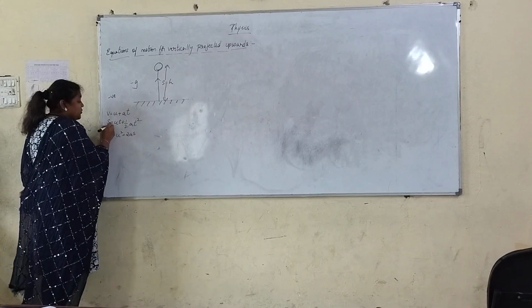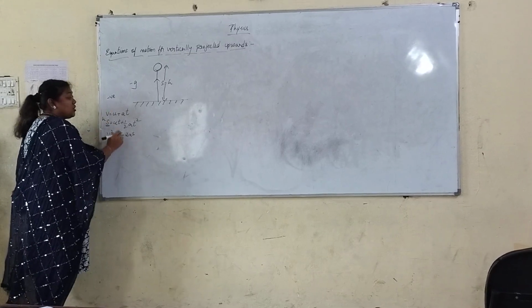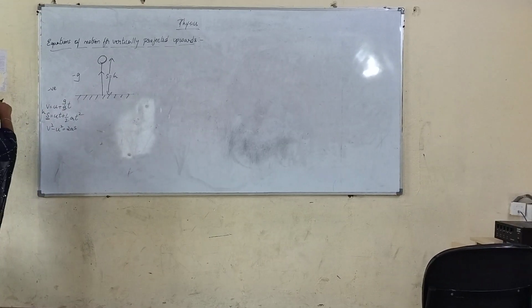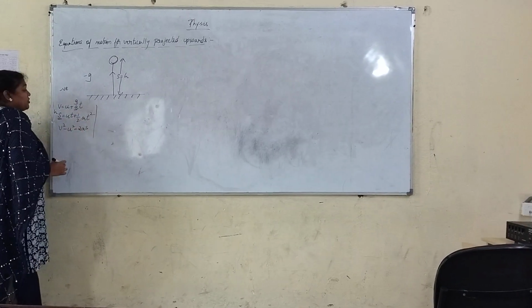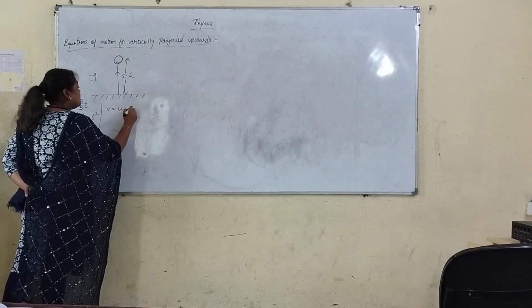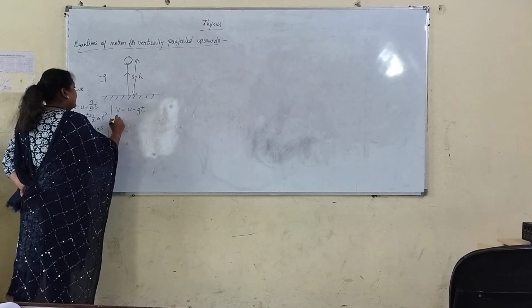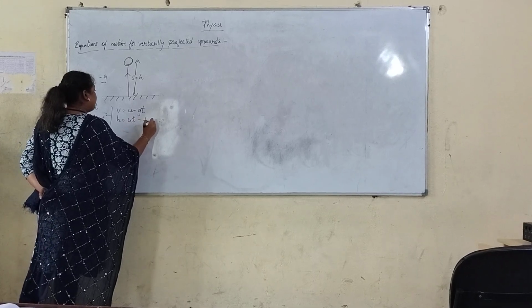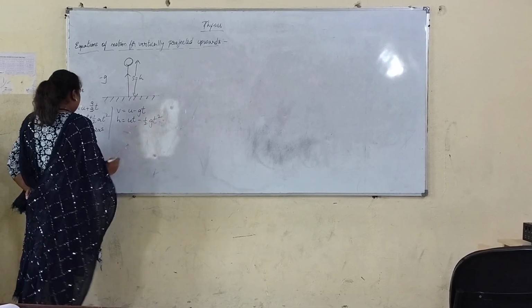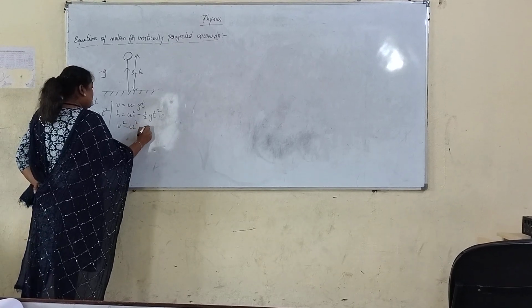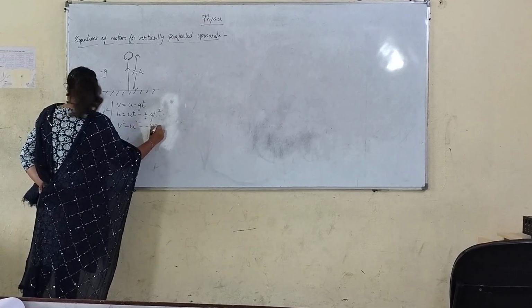So here s will be replaced with h, and a will be replaced with minus g. So now the equations will become v equals u minus gt, h equals ut minus half gt square, and v square minus u square equals minus 2gh.